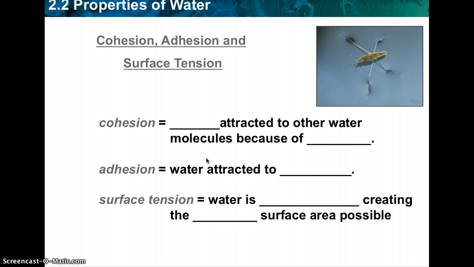Adhesion is defined as water's attraction to other materials. And then the last definition I have down here is surface tension. And basically surface tension is when water is pulled together, creating the smallest surface area possible.